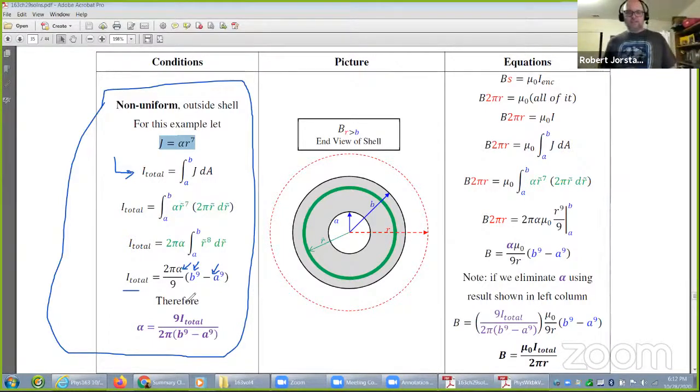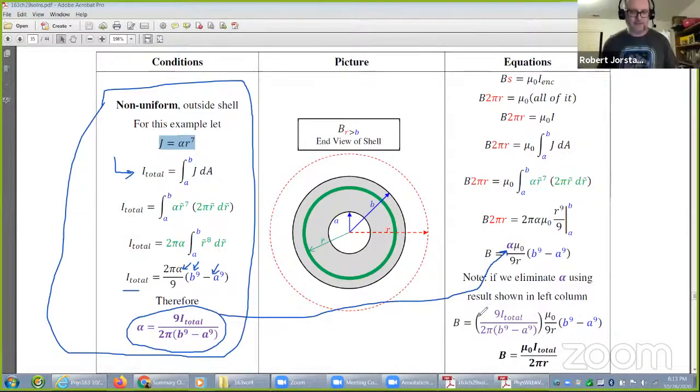And when I do that, I solve that final relationship for that constant. That way, later on, if a constant appears in my equation, I can get rid of it and write this thing in terms of I total.